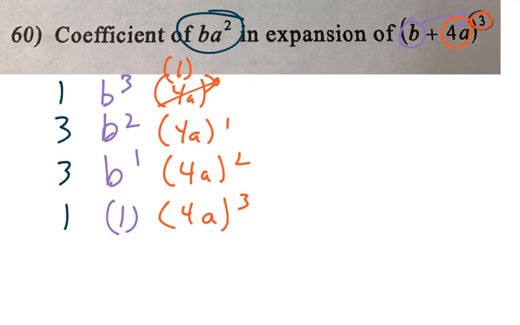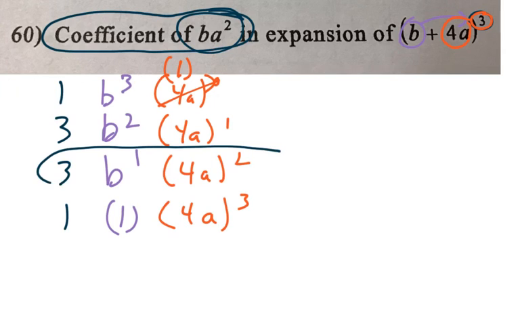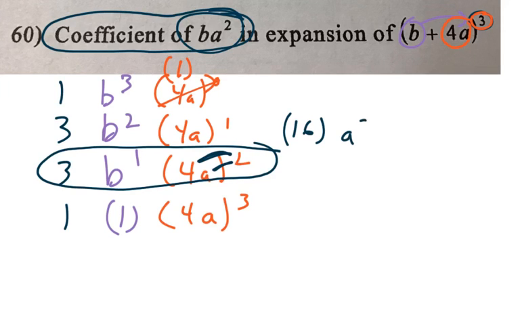And let's get to the answer. They just wanted the coefficient of BA squared. BA squared is right here. Right? So if I do 4 squared, do you agree that's 16? If I do a squared, of course, that's a squared. I already have my b. And, of course, don't forget times 3.